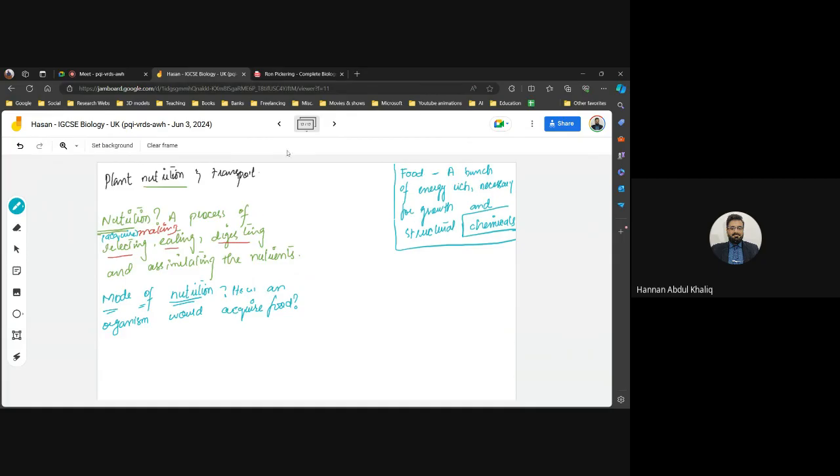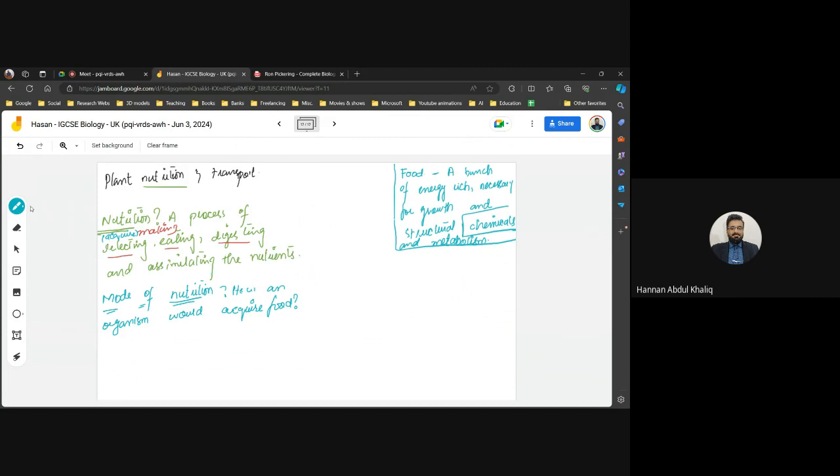It's a bunch of chemicals that provides us energy, growth, and structure, and is also essential for metabolism. So remember that it's a bunch of molecules, a bunch of chemicals.